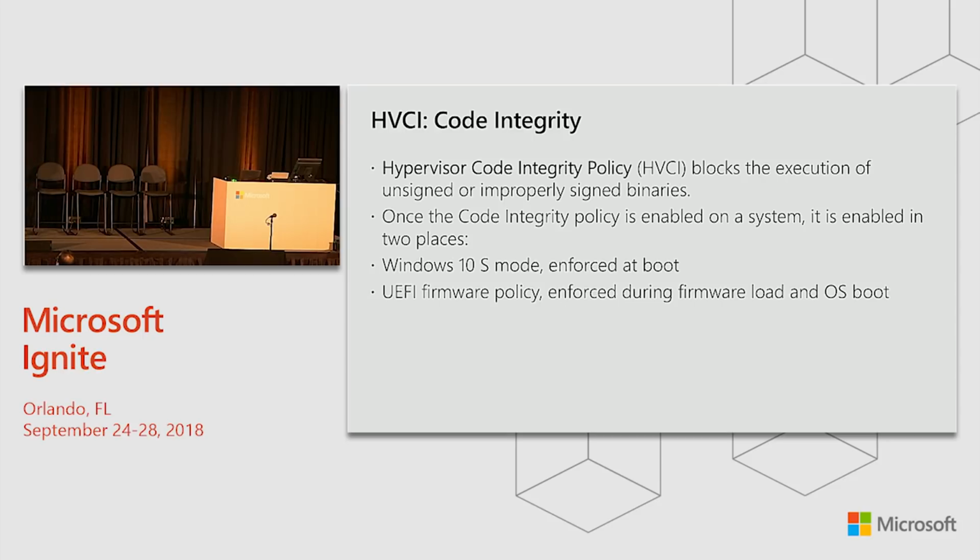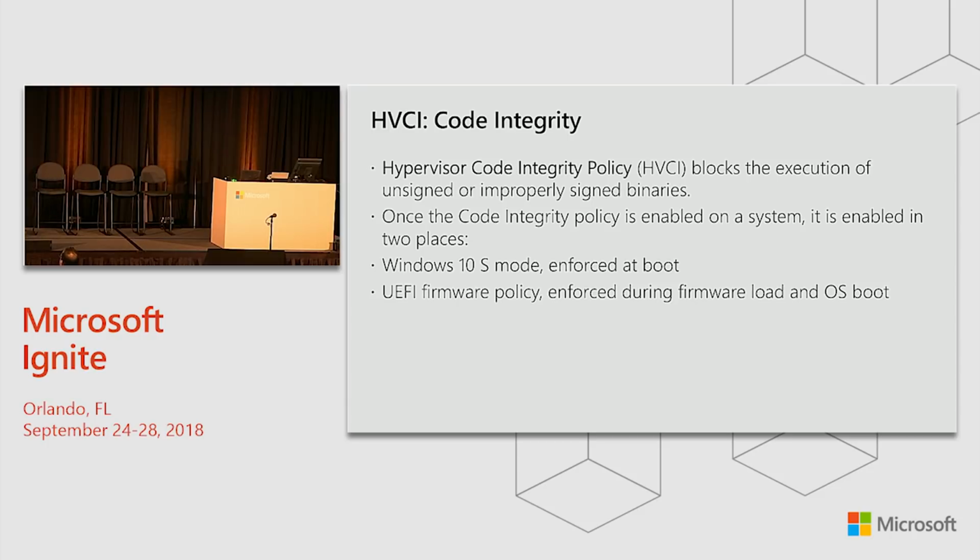First of all, we implement through application control a hypervisor code integrity policy. And this policy blocks the execution of improperly signed or unsigned binaries. This also blocks a lot of applications that are normally part of the Windows 10 inbox features that could be used or could be abused, even if the user is an admin.